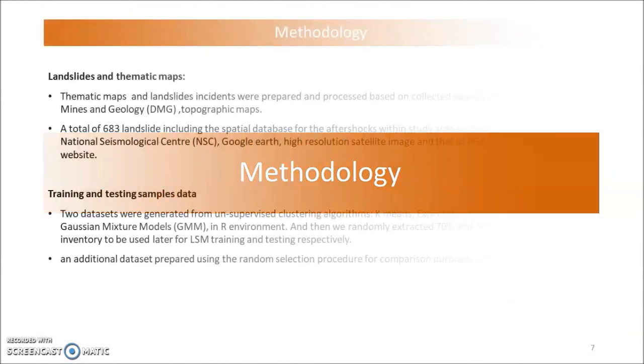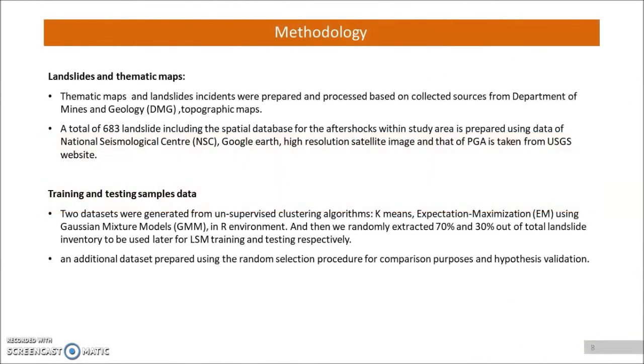In the methodology section, we first investigate the landslides as the dependent factor and the thematic maps which represent the independent factors. The data was collected from the Department of Mines and Geology, as well as topographic maps.